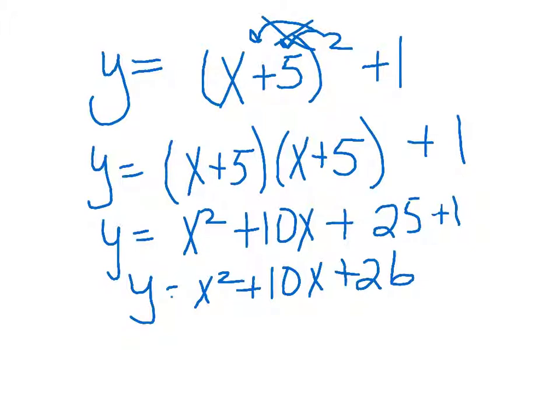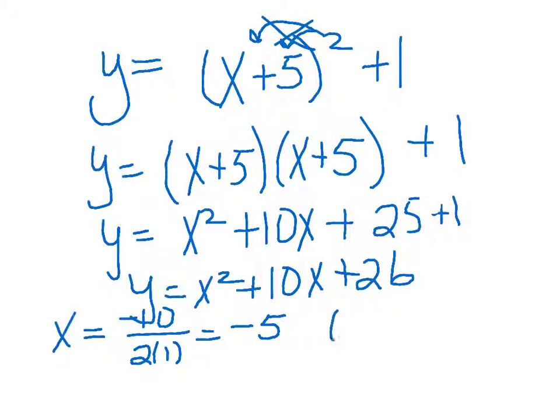Okay, where is the x of our vertex? Negative b over 2a, so negative 10 over 2 is negative 5. Let's stick a negative 5 back in here.